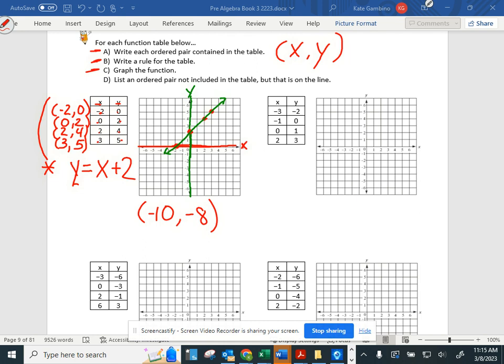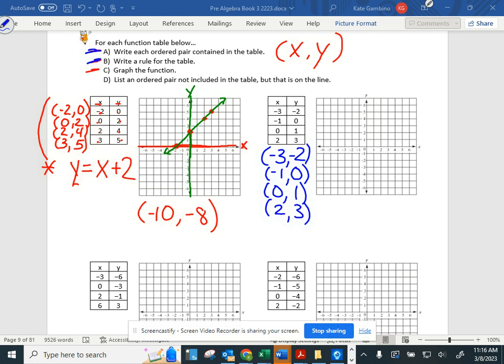So let's do one more together, and then the rest we'll do on our own. Remember, our first step is writing our ordered pairs. So I'm going to take my x and my y, and I'm going to put it as my ordered pair. Second step is writing the rule.